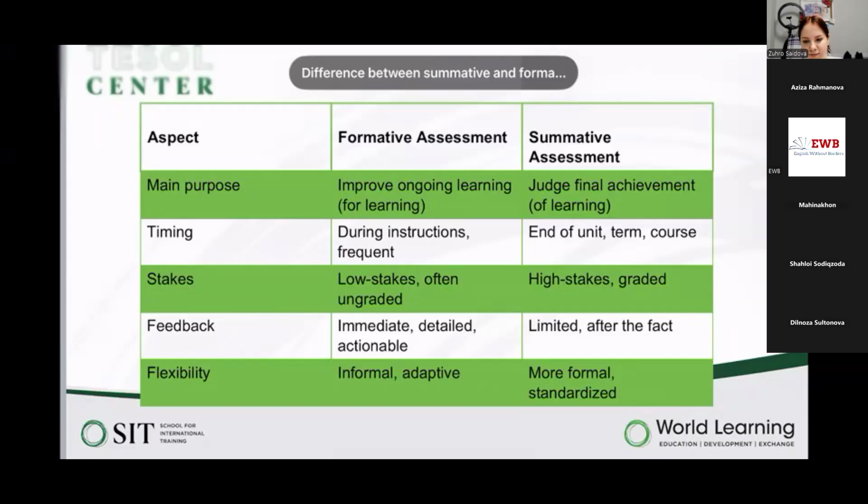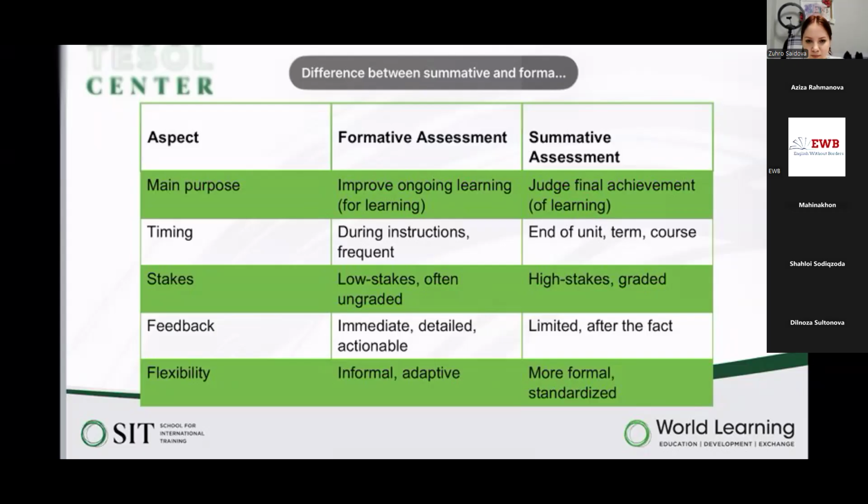And feedback: formative assessment gives immediate, detailed, and actionable feedback, but summative assessment gives limited feedback after the fact. And the last one, flexibility. Formative assessment is informal, adaptive, but summative assessment is more formal and standardized.